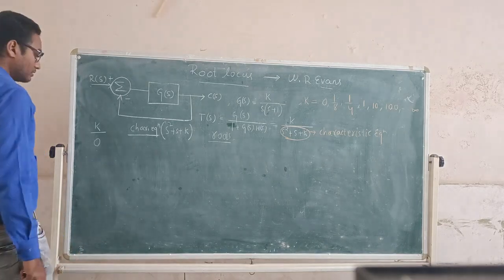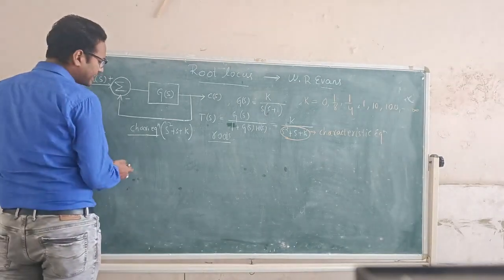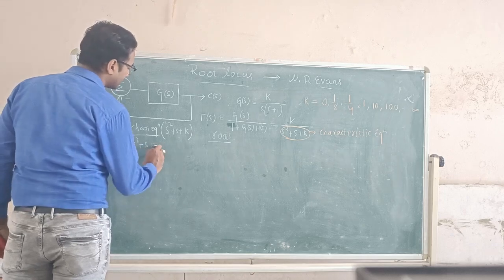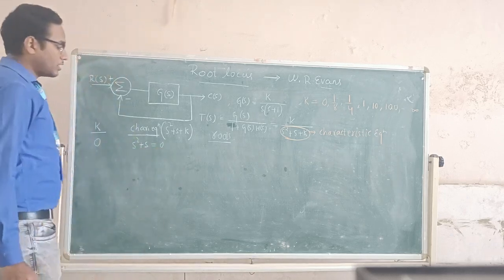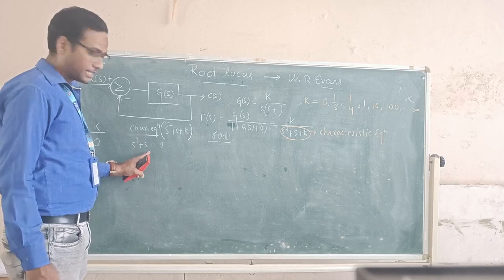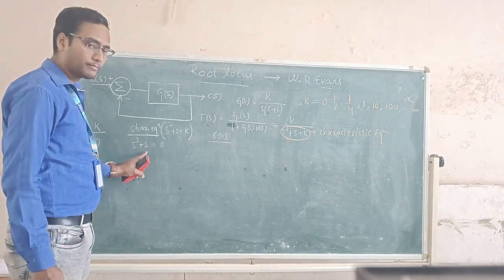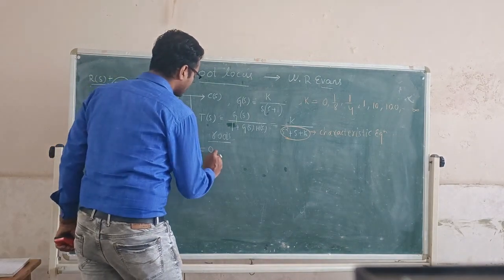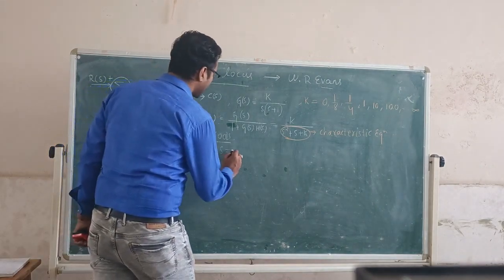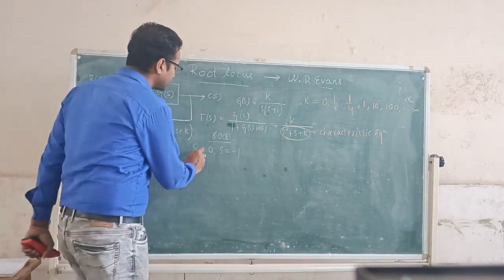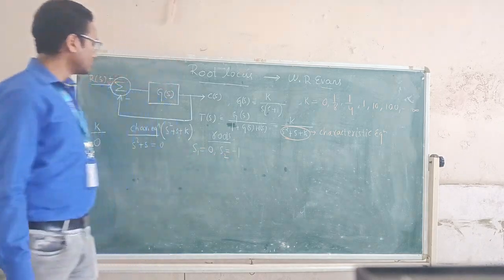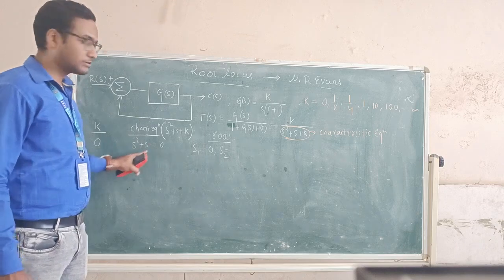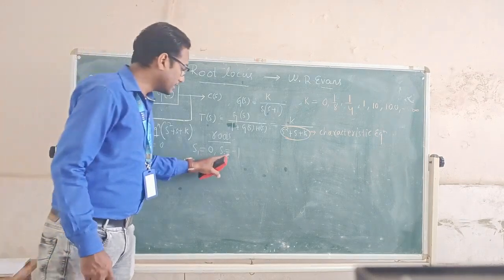Then the characteristic equation is s square plus s equal to 0. Taking s common, s into (s plus 1). So s equal to 0 is one root, and s equal to minus 1 is another root. So for this value of k, you are getting these roots.